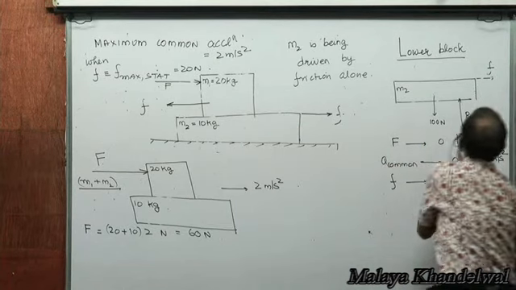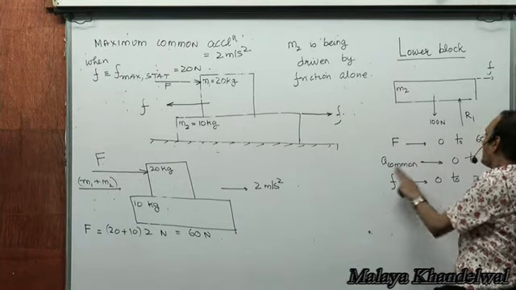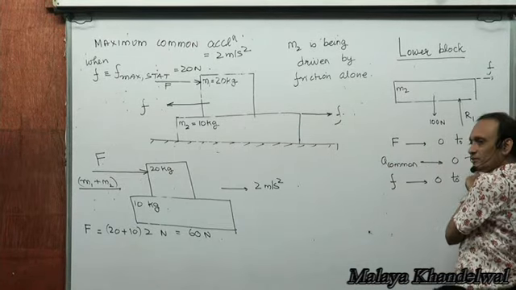So when F is 40 newtons, maximum common acceleration will be less than 2 meters per second squared. Frictional force will be less than 20 newtons. Yes or no? Say for example, if somebody applies a force equal to 30 newtons, right?